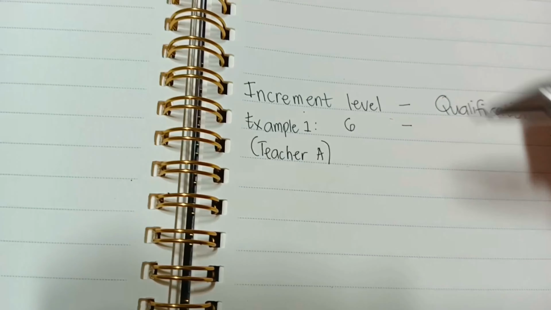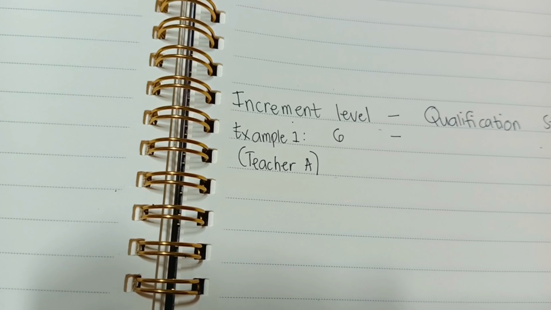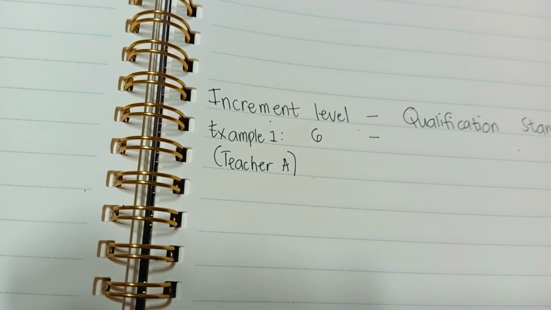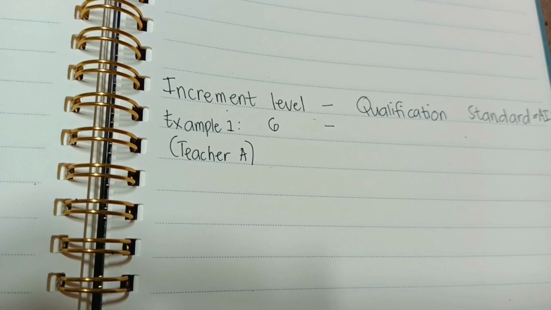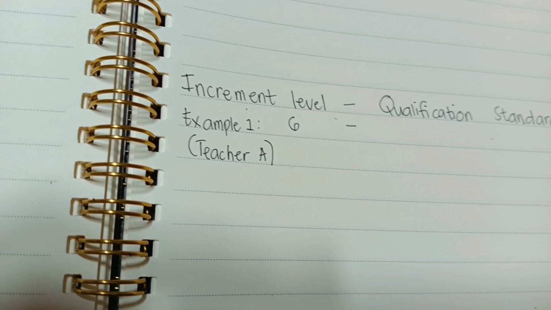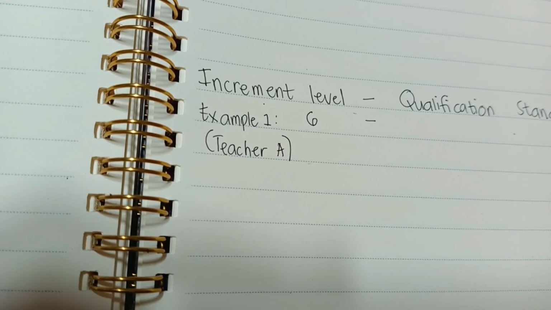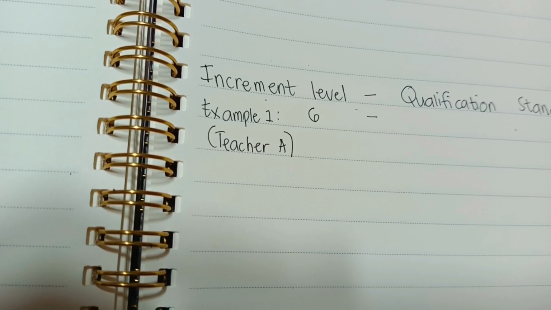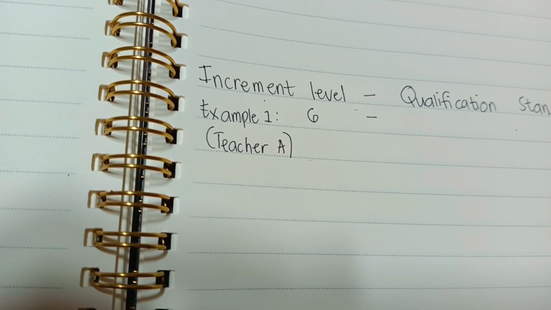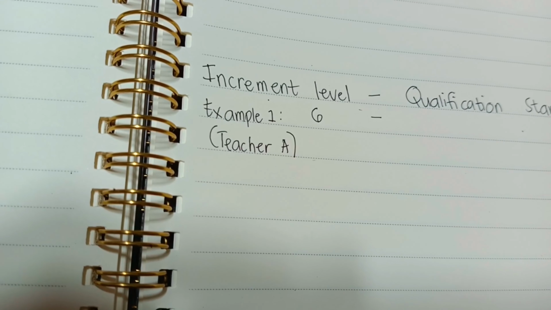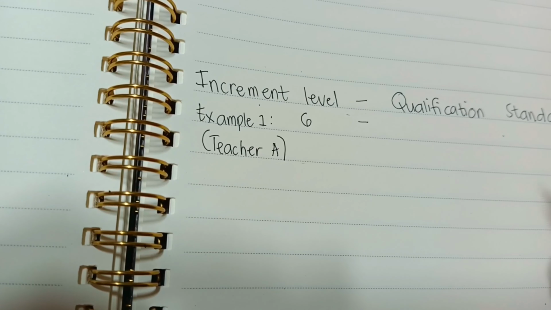And again, the formula states that we need to subtract the qualification standard. Now, the qualification standard for a person to be able to teach in high school or elementary is also a bachelor's degree, and that is also equivalent to increment level 6.